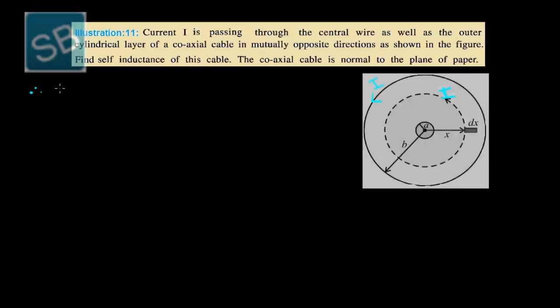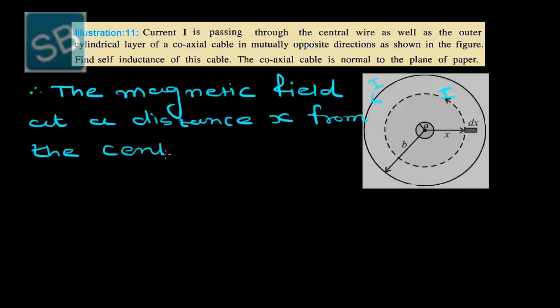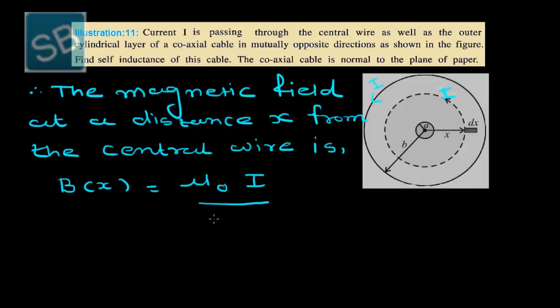Now I can find out the magnetic field at a distance x from the central wire, which is given by B_x equals mu 0 I divided by 2 pi x.